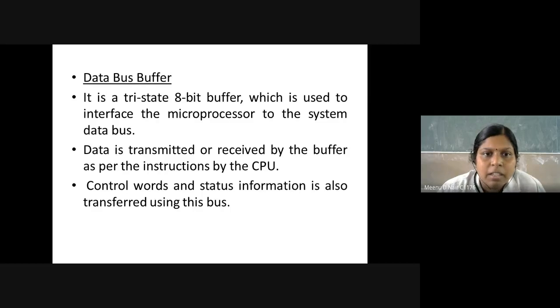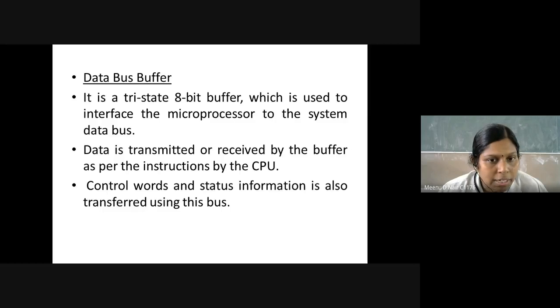Okay, so this data bus buffer transfers as well as receives the data as per the instruction of the central processing unit or the processor. It is an 8-bit buffer, as you know that D0 to D7 pins are there, to interface the microprocessor to the system data bus.